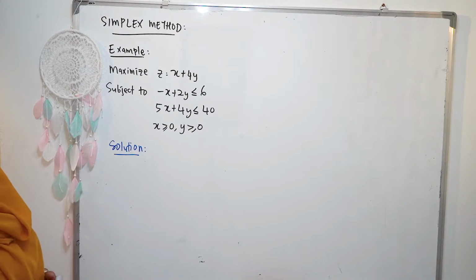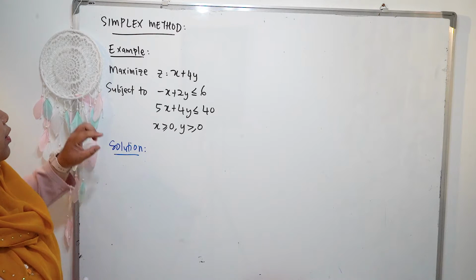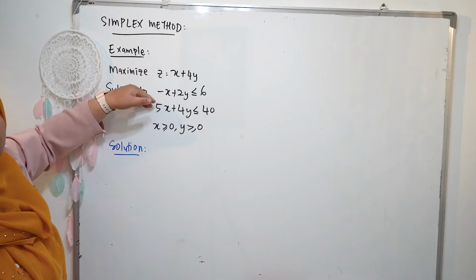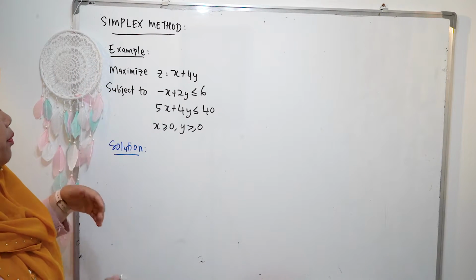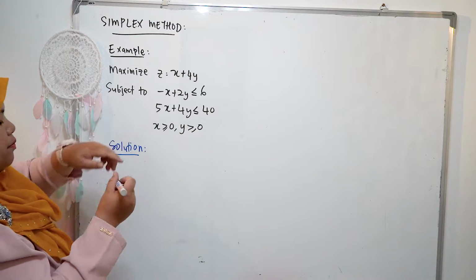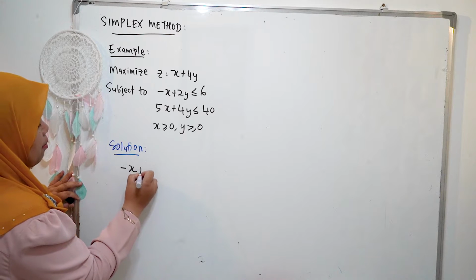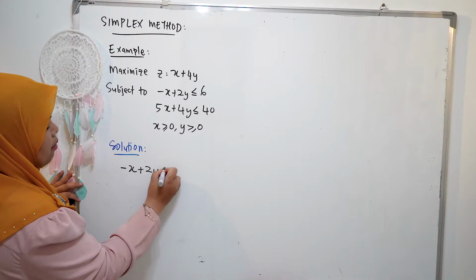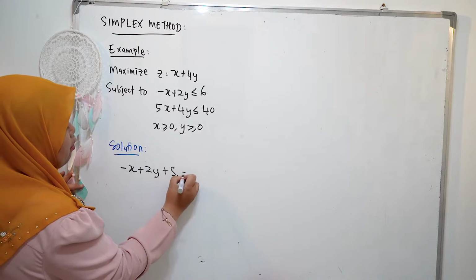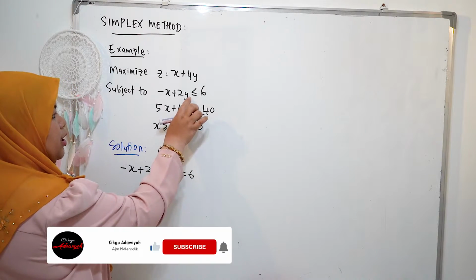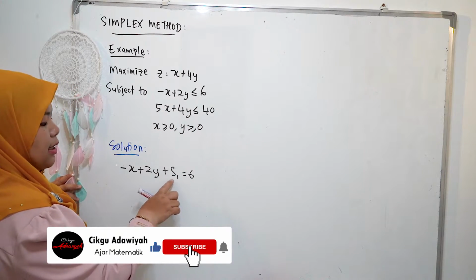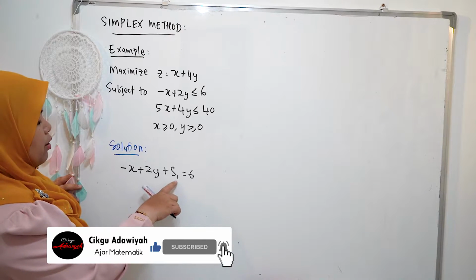For the solution, first of all, we will convert the objective function and the constraints into standard form. For the constraints: negative x plus 2y plus s1 equals 6. For constraint number 1, we add slack number 1, s1.